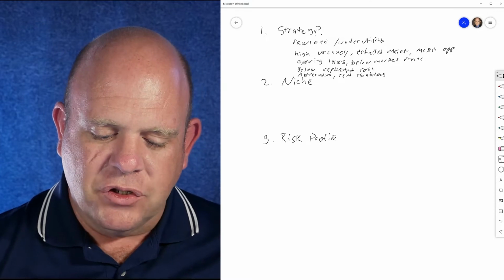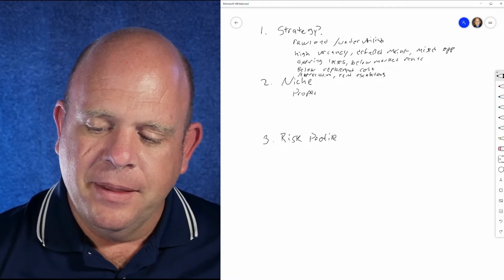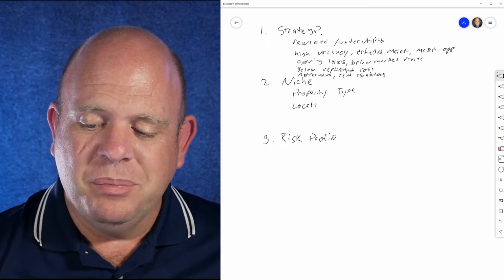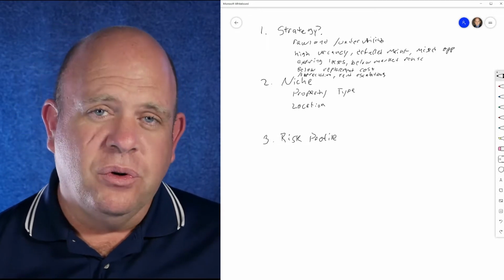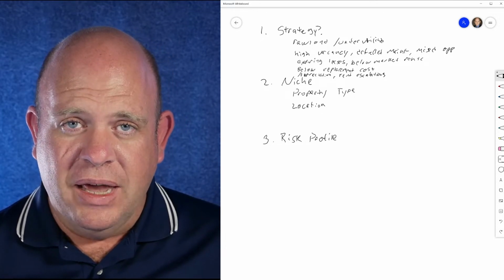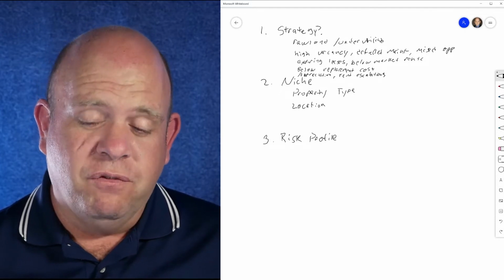Then we've got our niche. And in our niche, we've got our property type and our location. Now, why am I going through this? Because it's critical that we do this right, and we need that founder investment theory in order to build what our plan is for steps 2, 3, and 4.